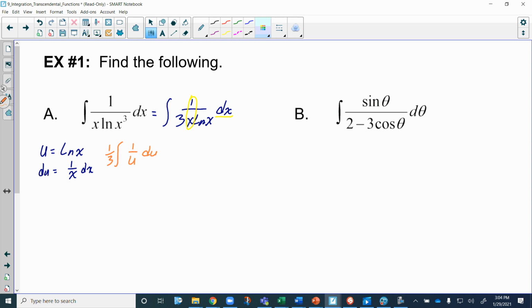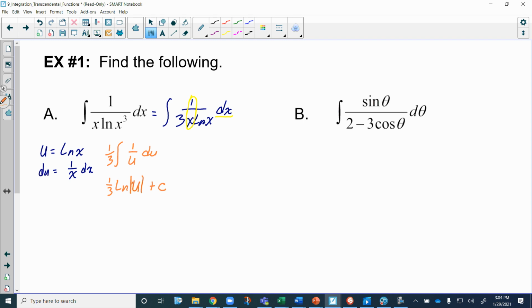Well, we can go ahead and take the integration at this point. So the integration of 1 over u will be 1/3 times the natural log of u, plus a constant of integration.